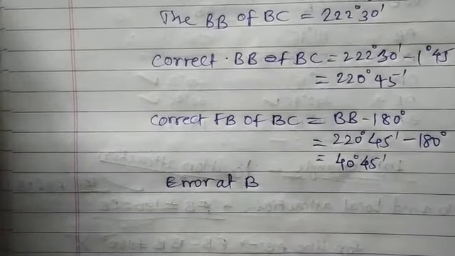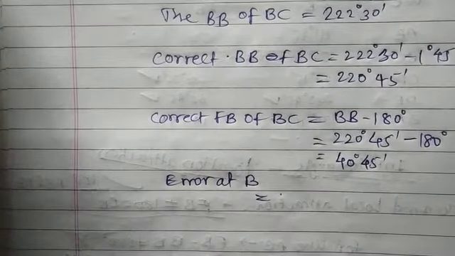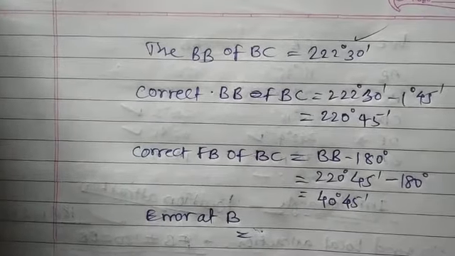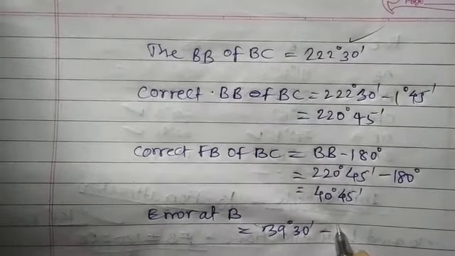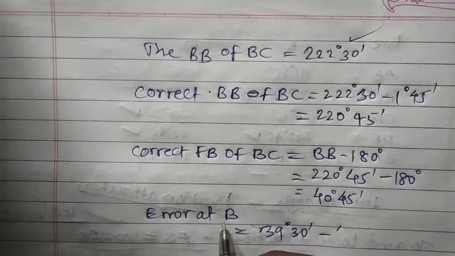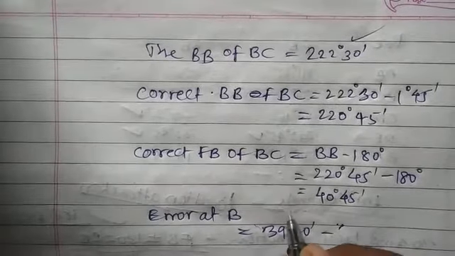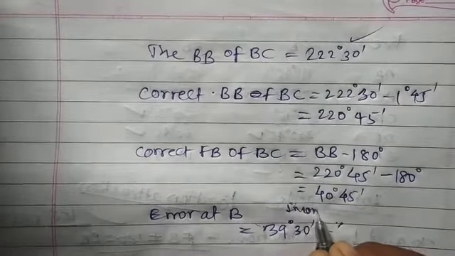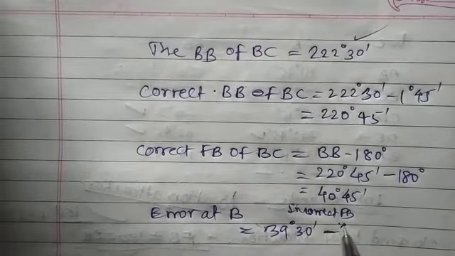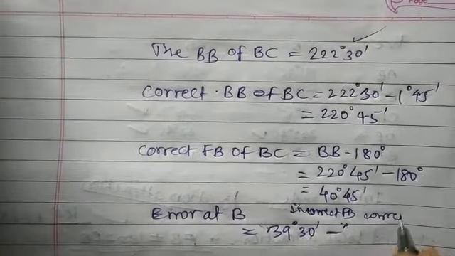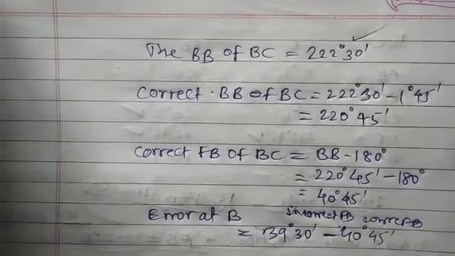B. So it will be equal to, again, the bearing of line at B which is given is 39 degree 30 minute, minus the correct bearing. Okay, so correct bearing is 40 degree 45 minute.